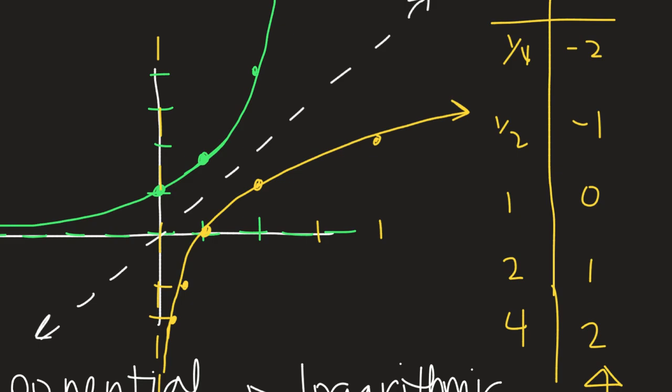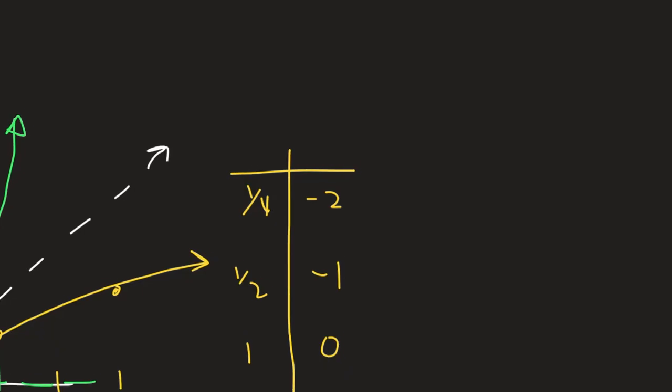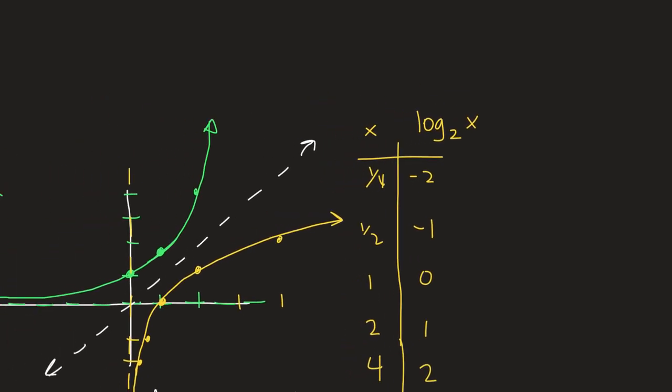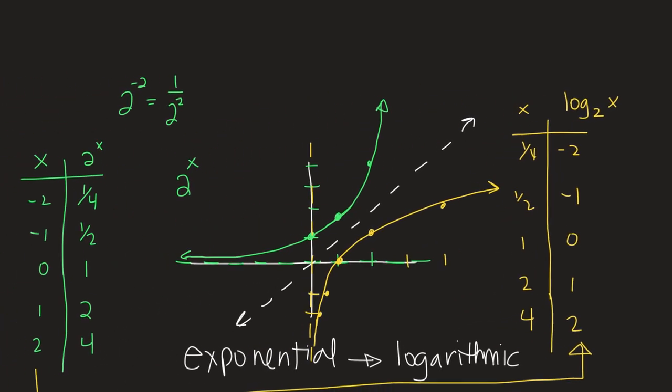That's one of our properties of logs. What's the log of negative 2? Right, it doesn't exist. It's not the thing. So a log, in fact, this is log base 2. Okay, so we'll talk about this in a minute, but the base of your exponential is going to be the same as the base of your log when we do the inverse. So a log and an exponential are inverses of each other.